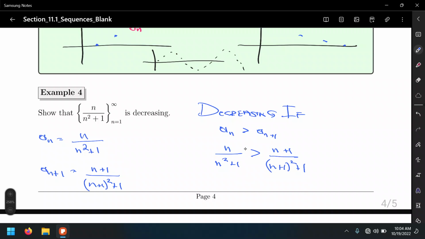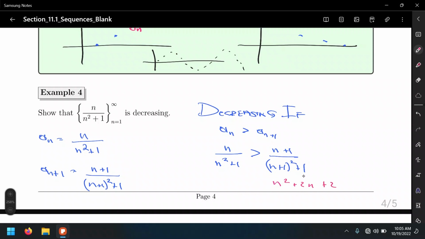It is true because, even though in the numerator we have an n and an n plus 1 on the right hand side, which should be bigger than n, it is actually the denominator on the right hand side that is a quantity way larger, because this n plus 1 squared, for example, is n squared plus 2n plus 1, plus 1, gives n squared plus 2n plus 2.